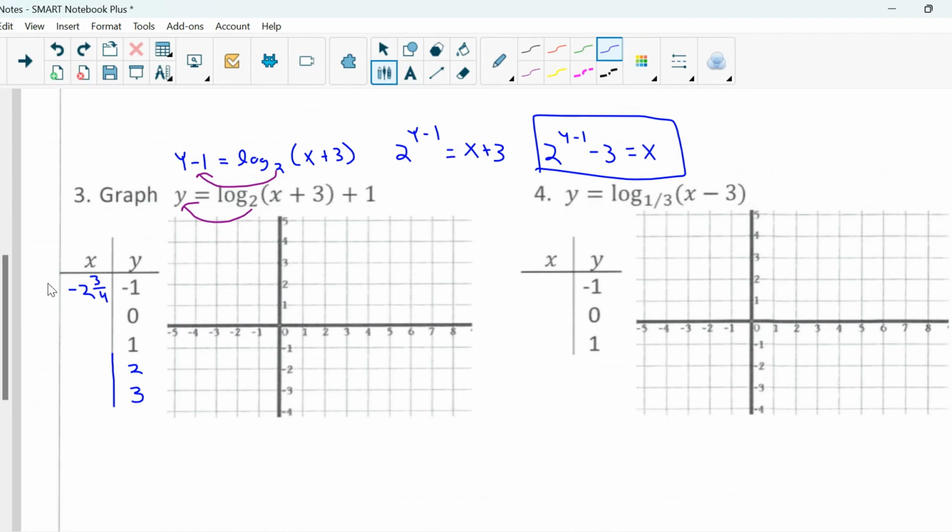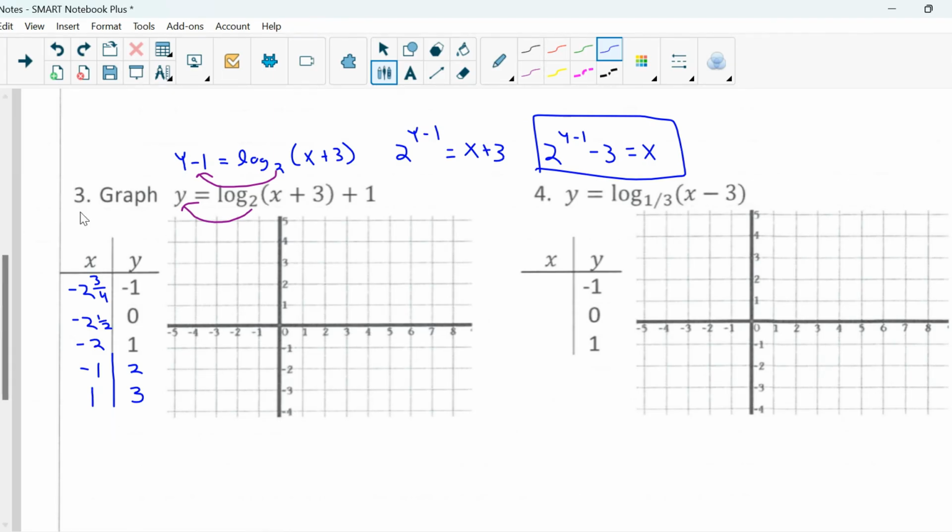2 to the negative first power is 1/2, minus 3, gives me negative 2 and 1/2. 2 to the 0 power is 1, minus 3, which is negative 2. 2 to the first power is 2, minus 3, which is negative 1. And 2 to the second power is 4, minus 3 is just 1.